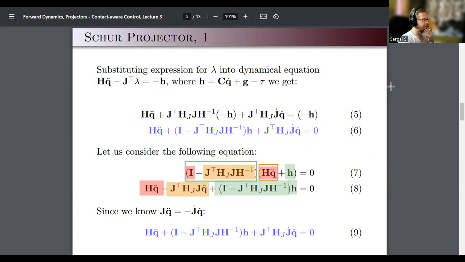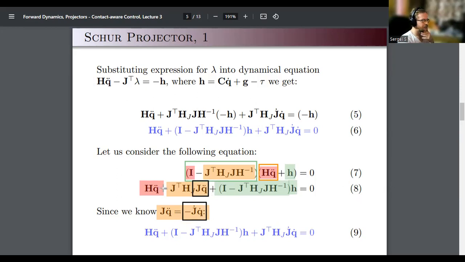Next, I remember one interesting fact. We have the constraint equation, which looks like this: J q double dot equals minus J dot q dot. And we have here J q double dot, so we can replace it with minus J dot q dot.